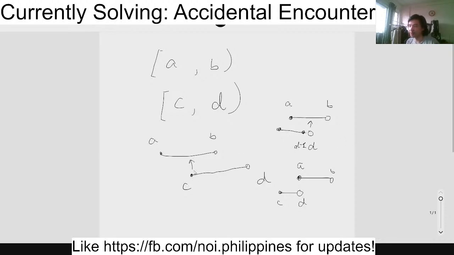So here's one: C is between A and B, D is between A and B, or the other way around, A is between C and D, and B is between C and D. So you can do that, but it's kind of messy actually, because you have 4 cases, and you have to think carefully about what to do in each case, and you have these endpoints like D. You have to worry about, am I doing D or D minus 1?